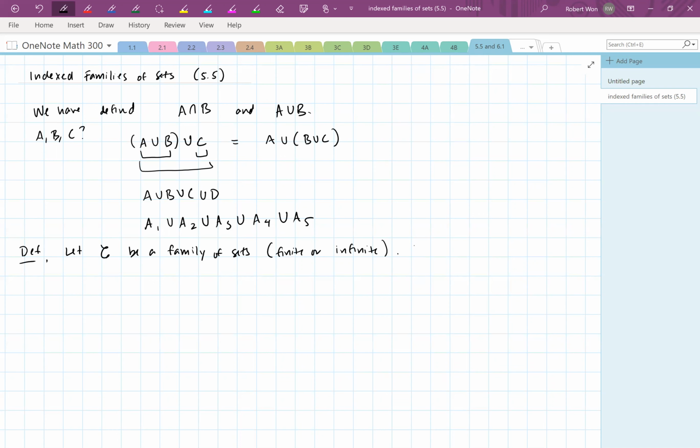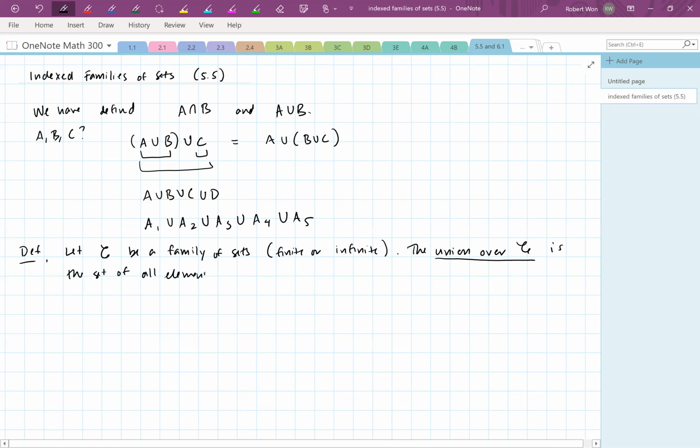What I'm going to define is the union over C is the set of all elements that are in at least one of the sets in C. Okay, so C is a bunch of sets, right? Like A1, A2, A3, A4, A5, for example. That could be one example.